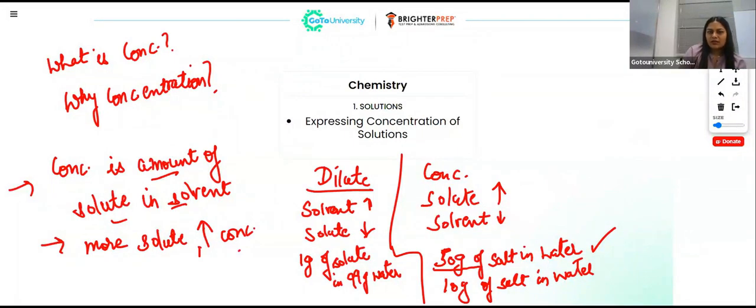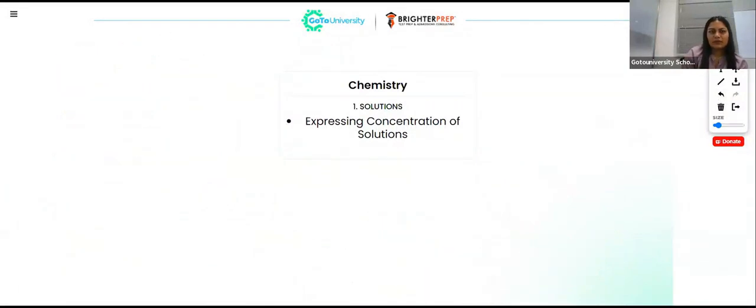So why is there a need to study about the concentration? Let's take a common example. In a hospital, if a doctor is performing a surgery, and for that they are giving an anesthesia to a patient, so that the patient won't feel pain, or the patient will faint while operating.